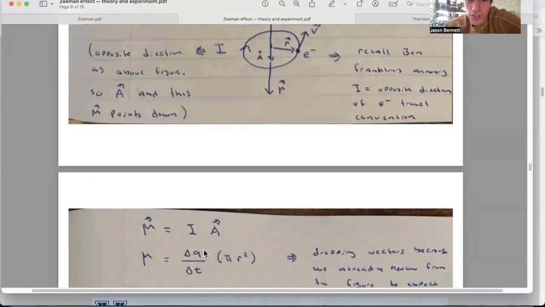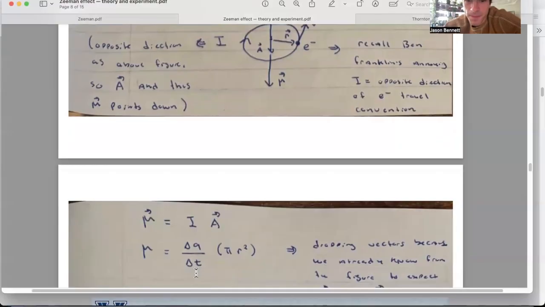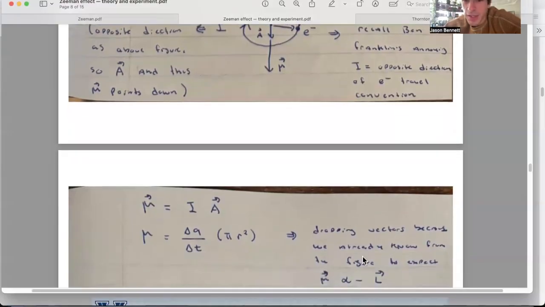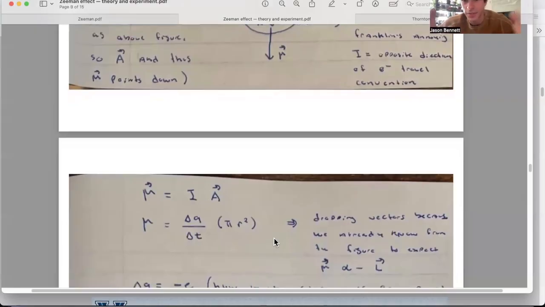What is current? It's the change in charge over the change in time. I'm just dropping the vectors here because, based on this analysis right here, we already know that these two vectors are pointing in the opposite direction. So at the end of the day, we'll stack the vectors back onto these objects that deserve it, like the magnetic moment and the angular momentum, and then we will check that there's a negative sign somewhere.